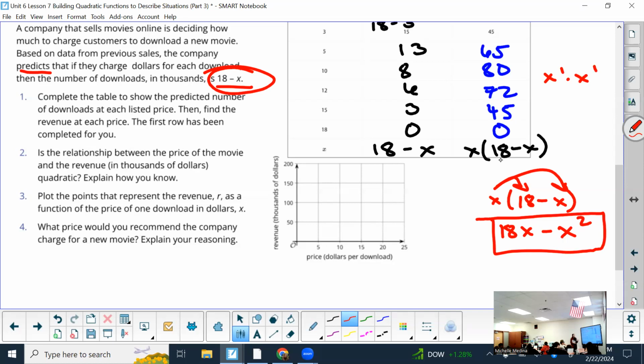the revenue quadratic. Well, if we can write this expression like this, would you say that is quadratic? What makes it quadratic? How do you know it's quadratic from this expression?